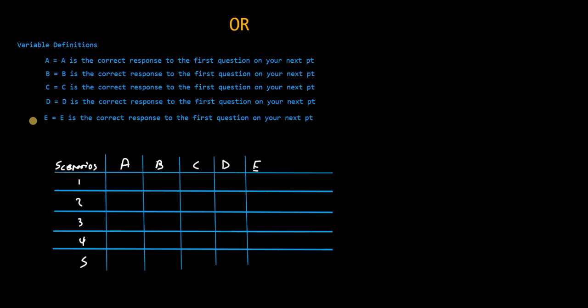Either A is right, B is right, C is right, D is right, or E is right. And in each scenario, for example scenario 1, if A is the right answer, the other 4 have to be the wrong answer. So variable B, the truth value would be false. B says B is the correct response. It's not, because A is correct. So we can just fill in the rest of the table based on that.